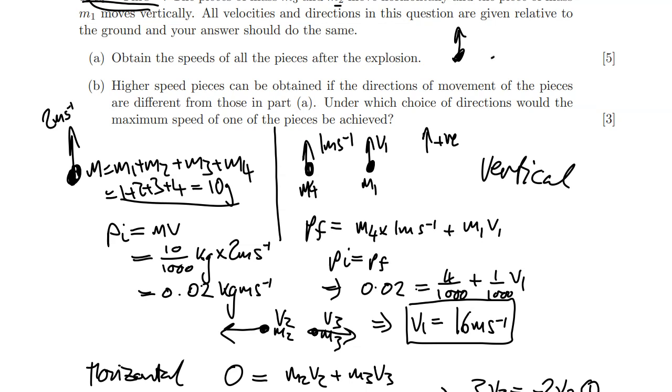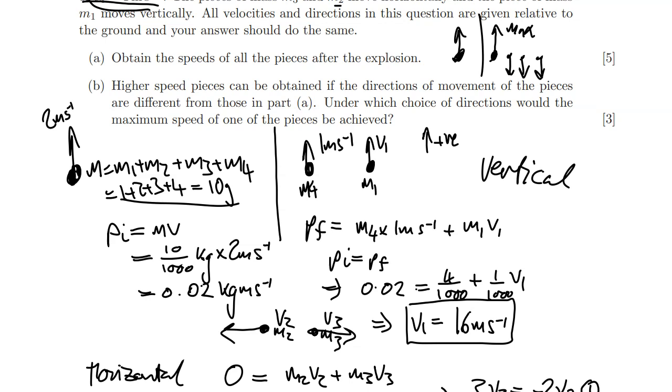Now we have 4 masses, and intuitively it should be clear that we want the lightest piece to go upwards, because then it will go upwards the fastest, and we want all of the other pieces to go downwards. This configuration will give the maximum speed of one of the pieces. Hopefully that makes sense.